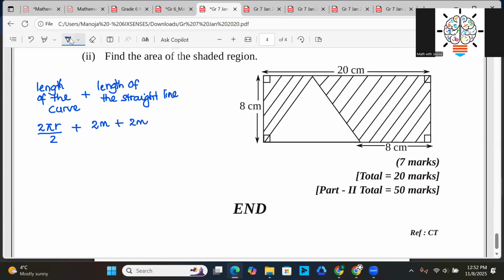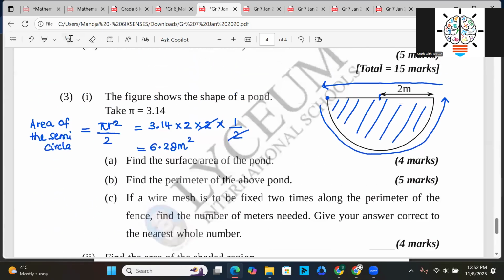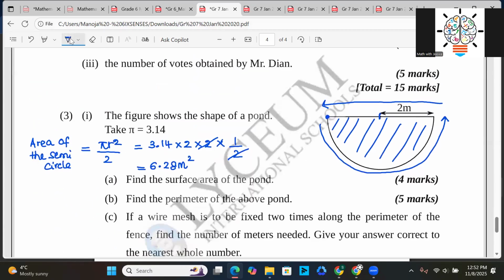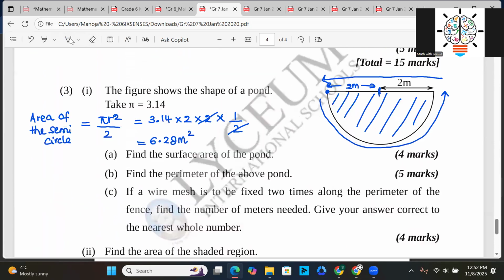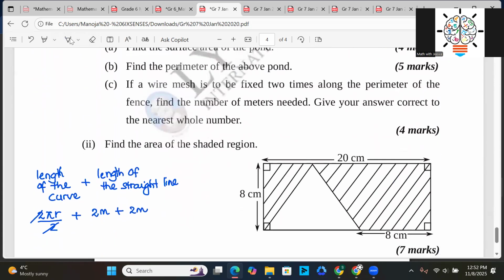How I got 2 meters plus 2 meters, children? You can see that here it is the radius 2 meters now. So then from here to here also it is 2 meters like this, right? So 2 meters and 2 meters. So then how we can get that? So then here 2 divided by 2. Then the pi value, what is the pi value they have given us to use here? 3.14.